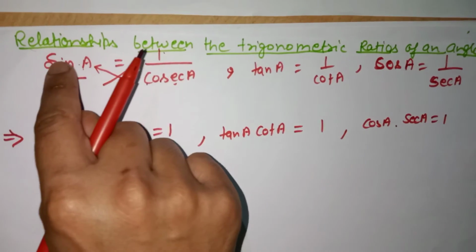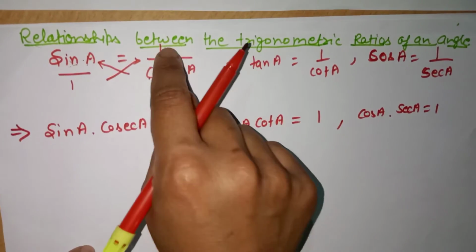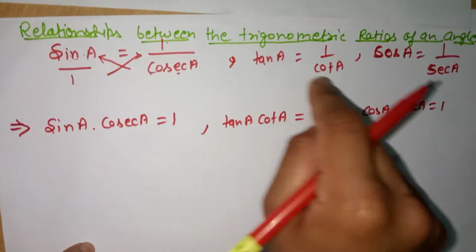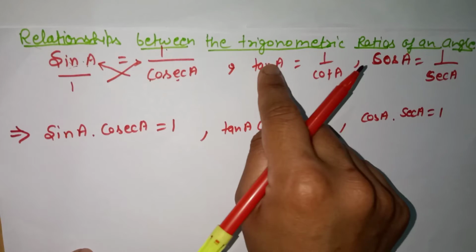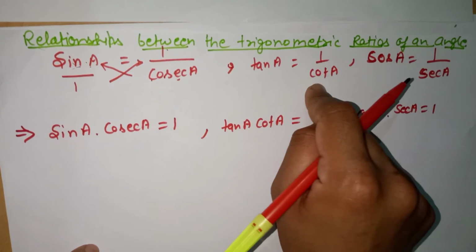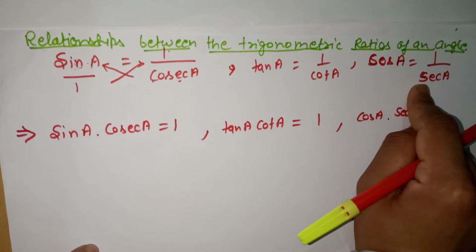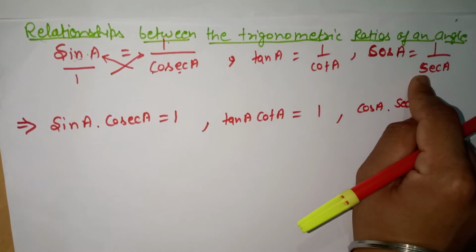Similarly, cot A is equal to 1 upon tan A, because all these are inverse of each other.